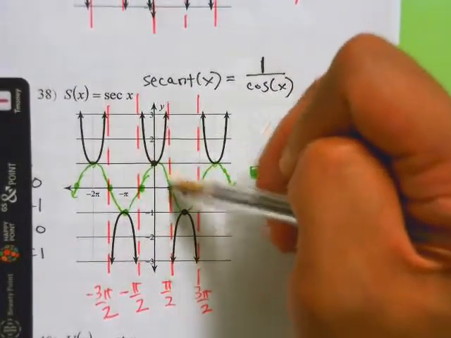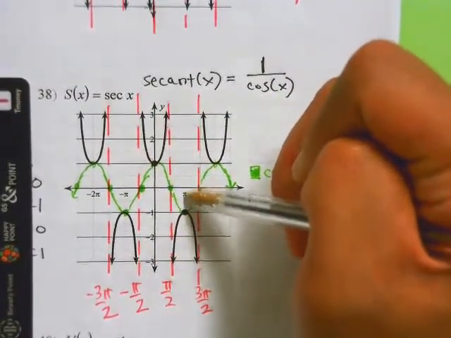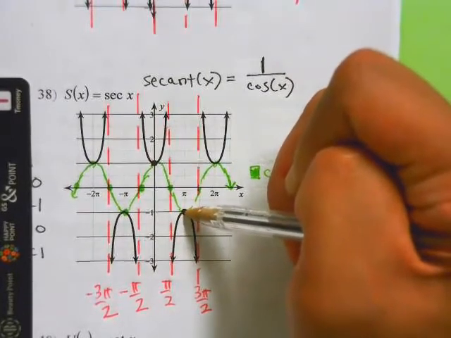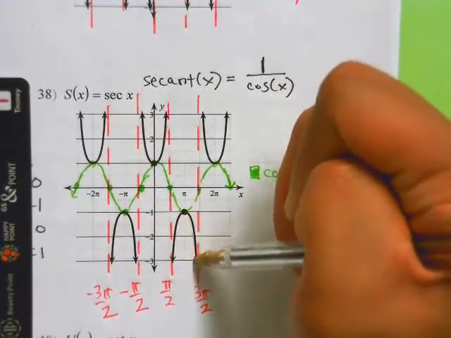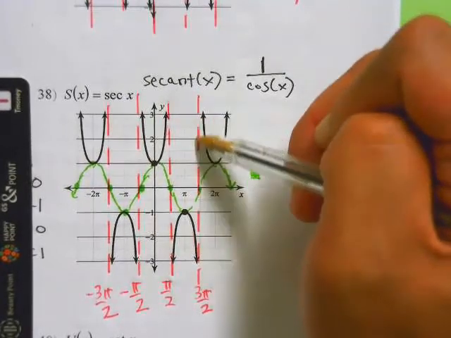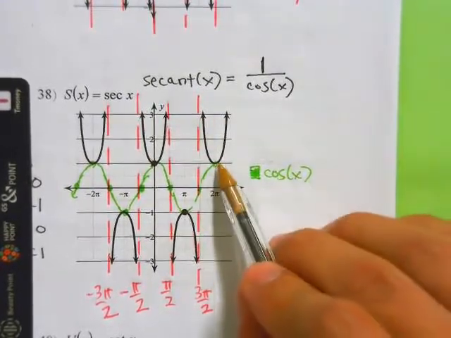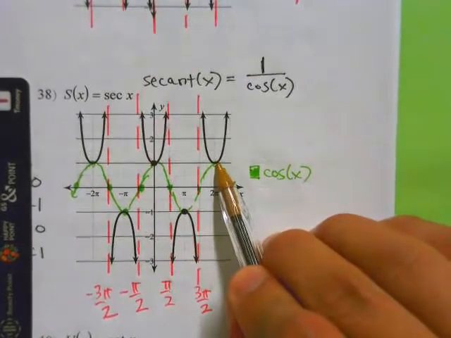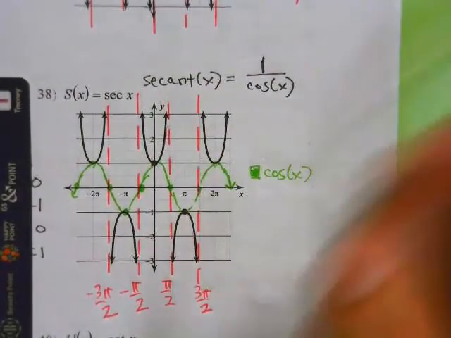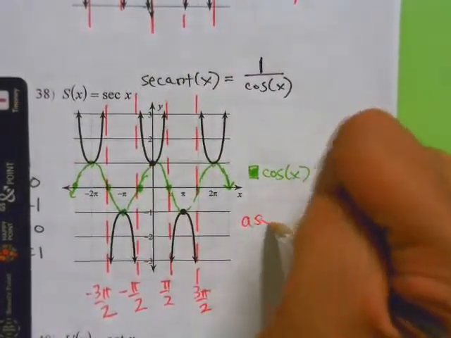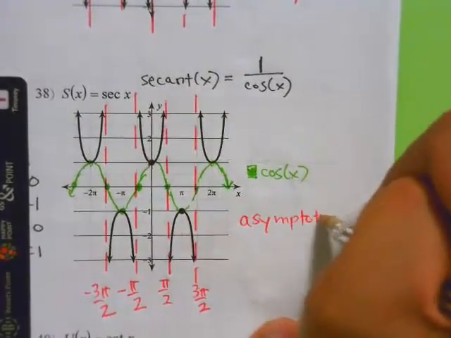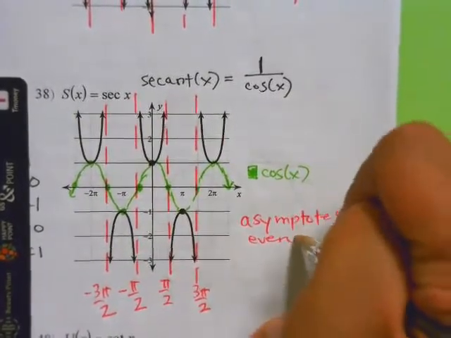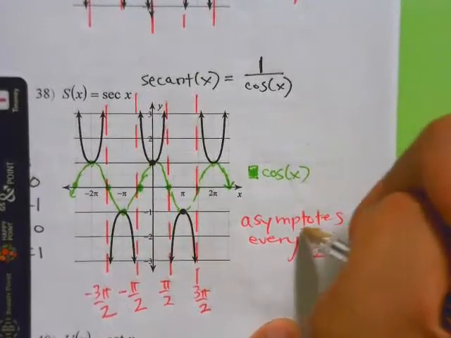Once that's done, go ahead and start from pi comma negative 1, and then make that almost parabolic shape. Make an asymptote, and then after that, 2 pi comma 1 will be your lowest point, and so on. Okay. Asymptotes every pi over 2.